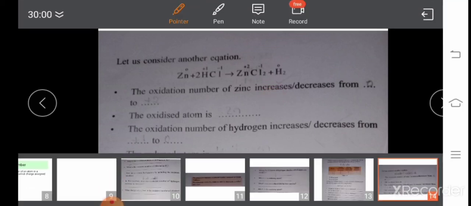Here you can see the zinc oxidation number before the chemical reaction is 0 and after the chemical reaction is +2. So does the oxidation number of zinc increase or decrease? Yes, it increases from 0 to +2.